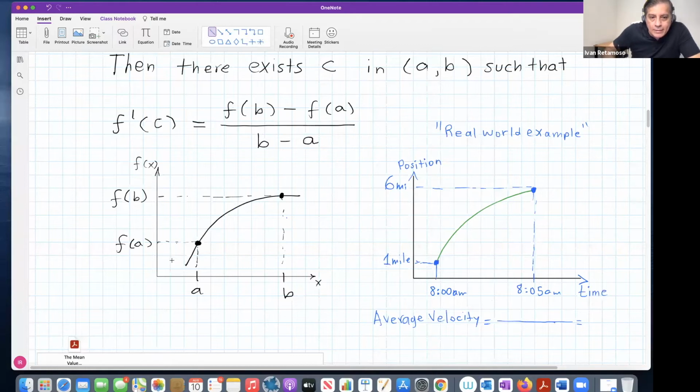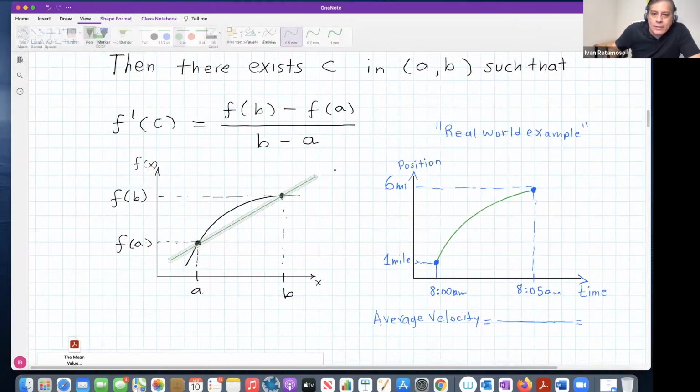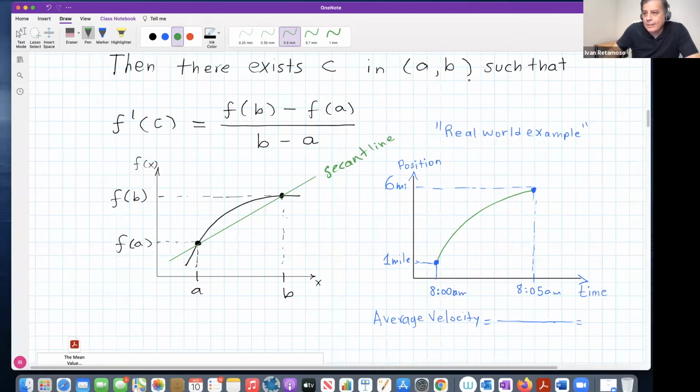Let me draw it for you here. The slope of this line, which we call a secant line. Now, what this theorem is saying is that if you compute the slope of the secant line, this tells you on average what was the change of the outputs per 1 unit of the input values.